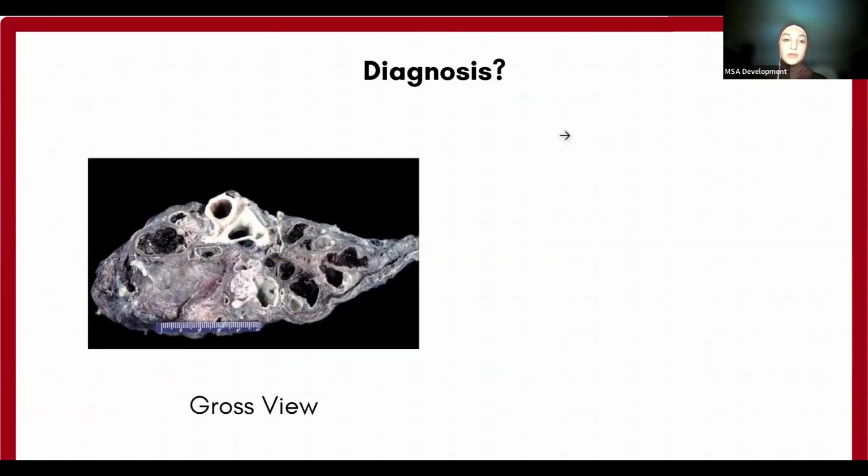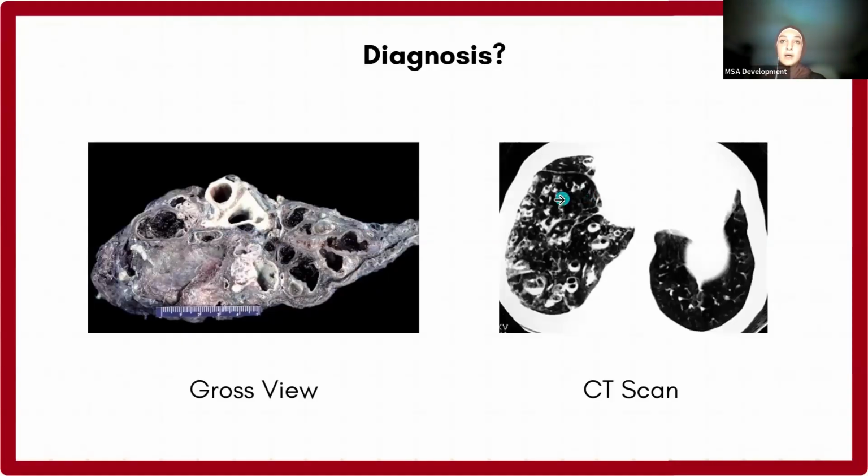Now for this upcoming disease, this is how it looks under gross, and this is how it looks under CT. It's associated with cystic fibrosis and brain metastasis. It's bronchiectasis. There is fibrosis and scarring of the airway walls, and they are filled with neutrophils and mucus, essentially.